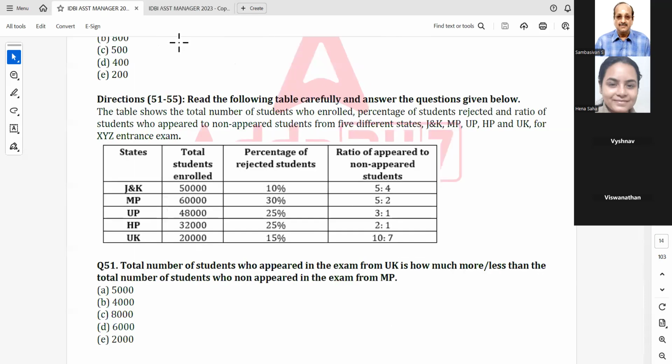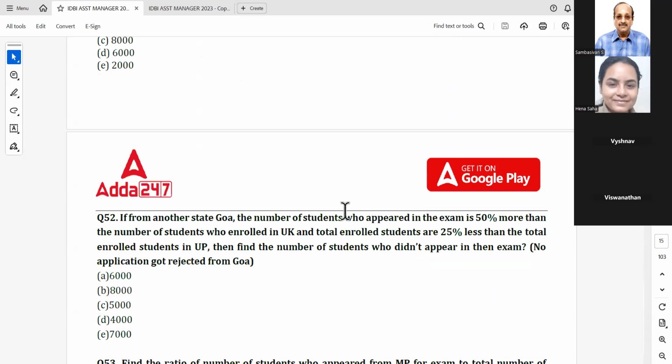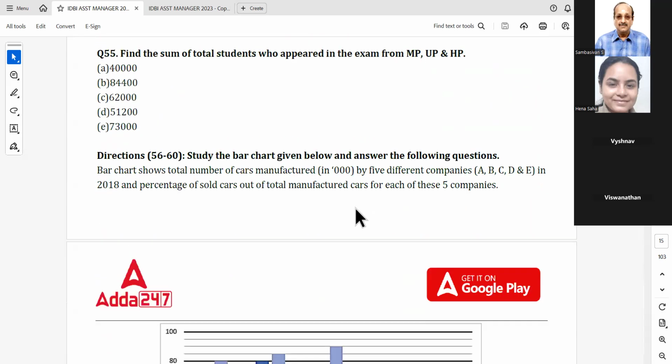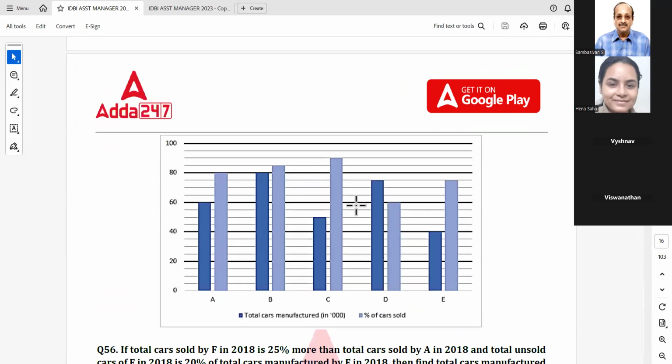Yes, sir. Very good. So today I am happy I have covered data interpretation, which I was hesitating to touch for all these days, because it requires a lot of concentration. But for you people appearing for PO, this is a must.